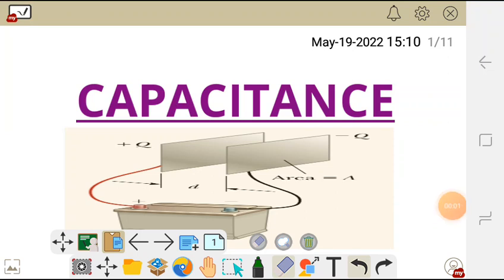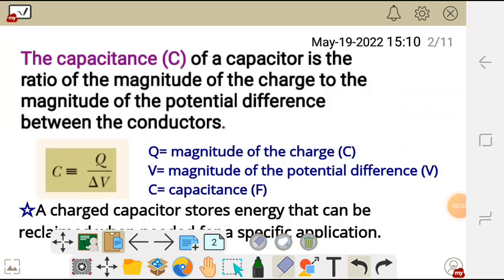Let's talk about capacitance. The capacitance of a capacitor is the ratio of the magnitude of the charge to the magnitude of the potential difference between the conductors.